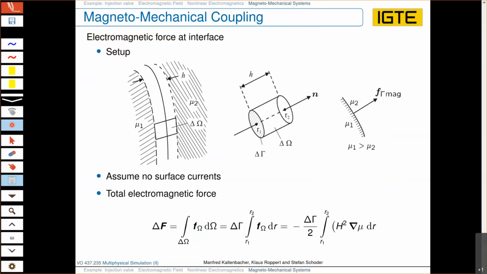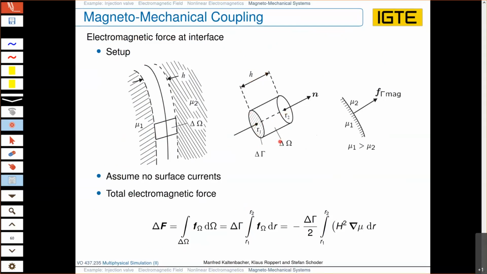For this, we cut out a small cylinder as shown here, where one part is still in omega 1, one part is still in omega 2, and clearly in order at the end to come up at the interface, we will let the distance here from position vector R1 to position vector R2 go to 0. We assume here also that the cylinder is very small, so this cross section delta gamma is also very small, and the overall volume delta omega is small.